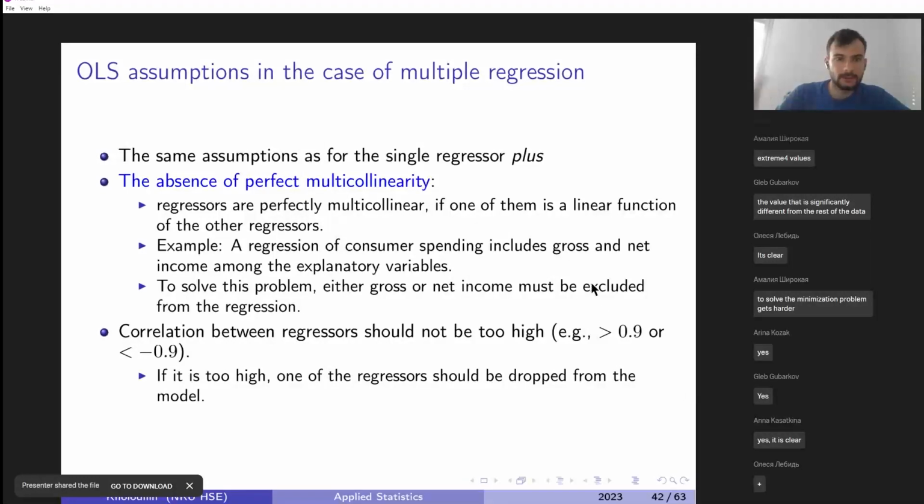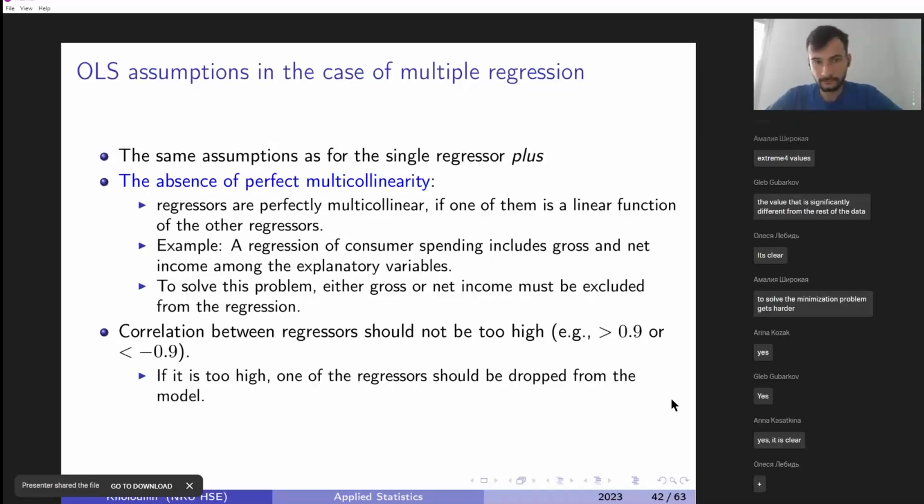Yes, and you already discussed multicollinearity, and this is how this problem is named, when your regressors depend on each other. In this case, you need all the previous assumptions which we made on OLS regression before in the case of one regressor.